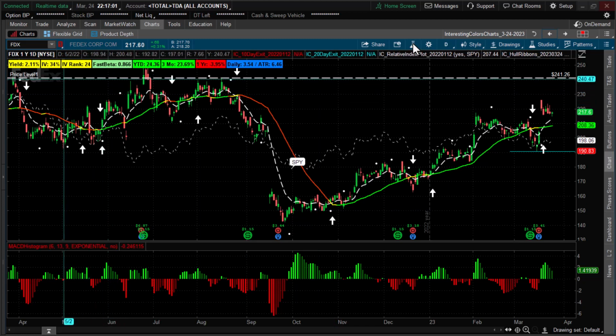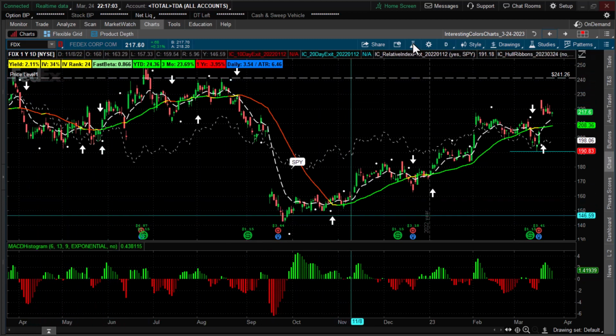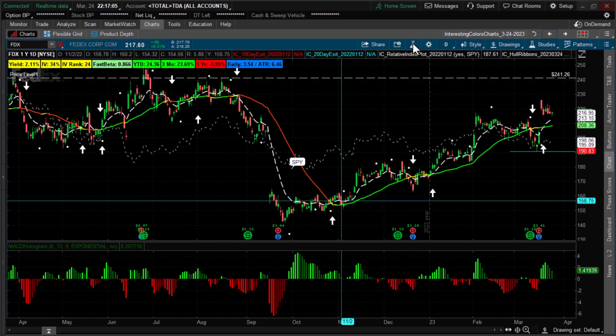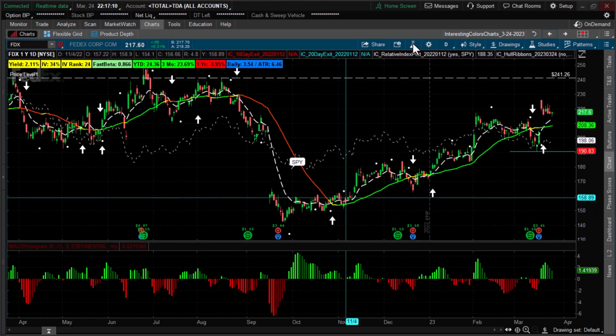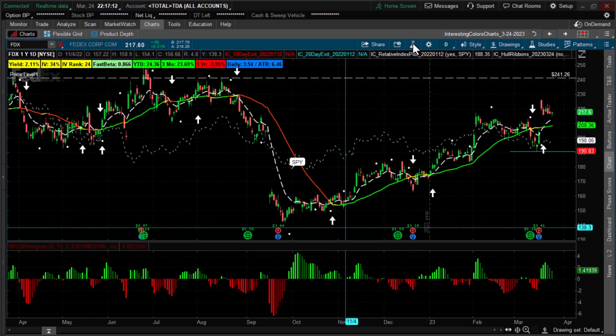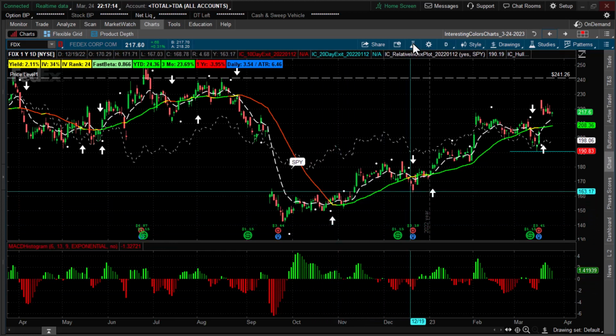We're now looking at 1 year. The 10-day EMA just crossed above the 30-day simple moving average for the chart, which is a pretty significant thing. And you can tell from here that the stock is looking pretty healthy.